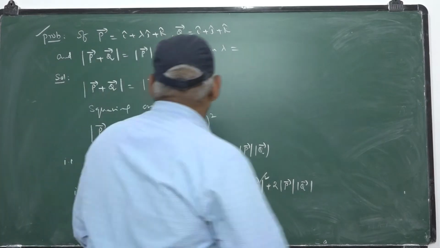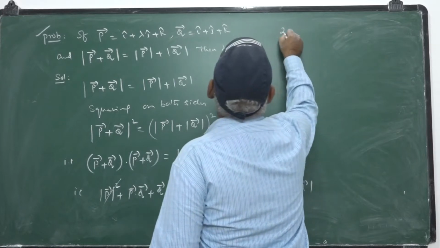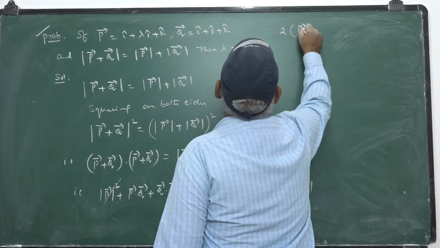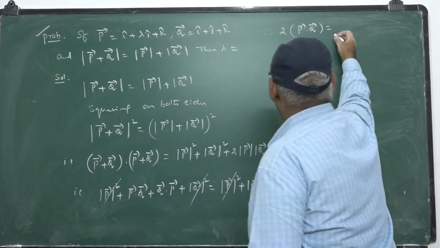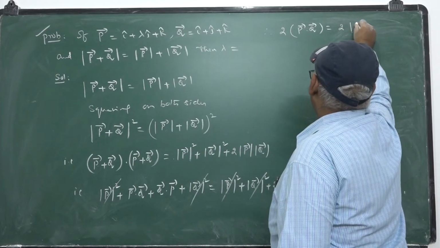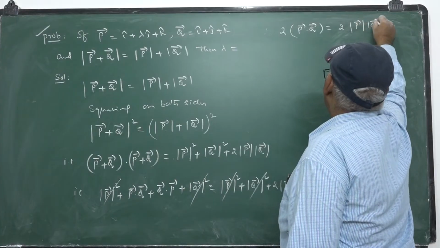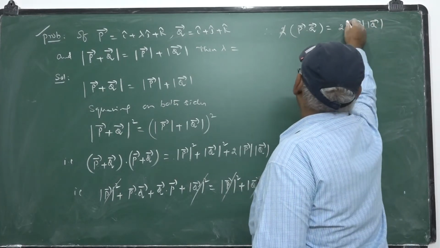This is twice that of P dot Q, because P dot Q is the same as Q dot P, hence twice P dot Q equal to 2 into mod P bar mod Q bar. You can remove 2 here.